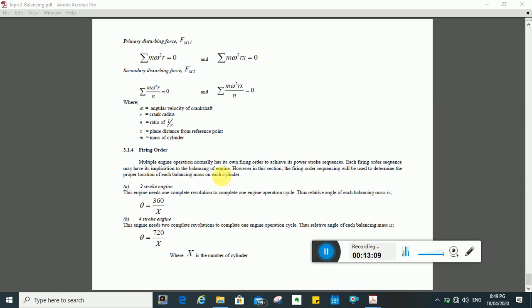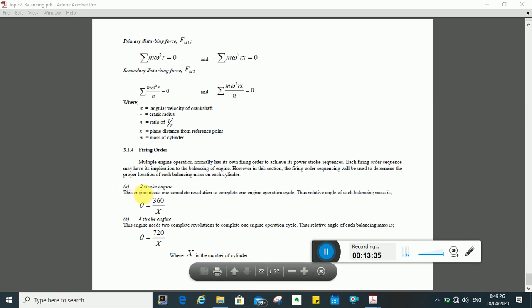For example, if the question gives the information that the engine is a two-stroke engine, so we can get the primary angle of the reciprocating mass here. There is the formula 360 degree divided by X. What is the X? X is the number of cylinders.